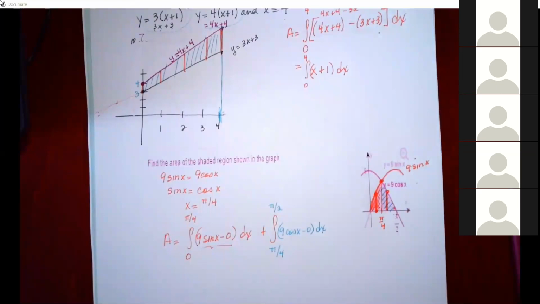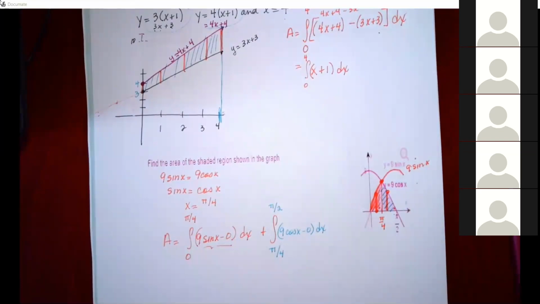So you'll integrate 9 sine x from 0 to pi over 4 and 9 cosine x from pi over 4 to pi over 2. So sometimes you can't avoid doing multiple integrals, and that's okay. You just have to draw your graph, look at the region, and see if your top and bottom or right versus left graphs change in the middle of the region.